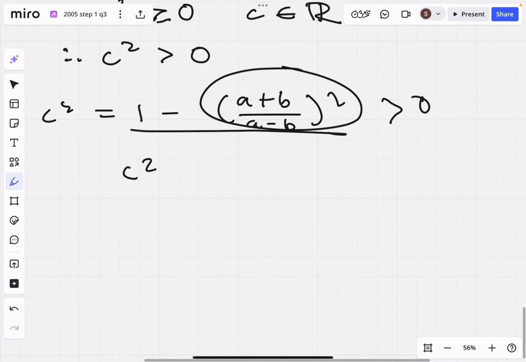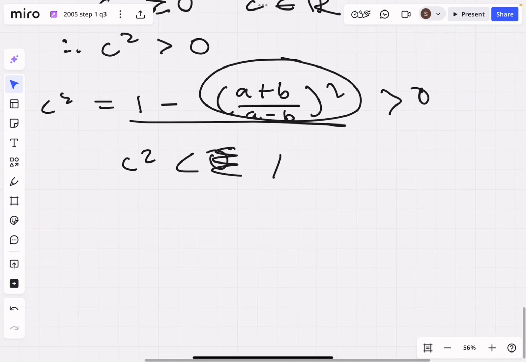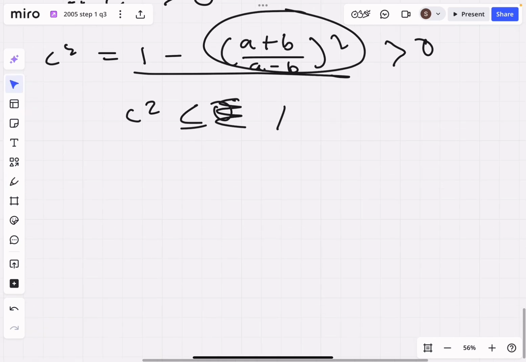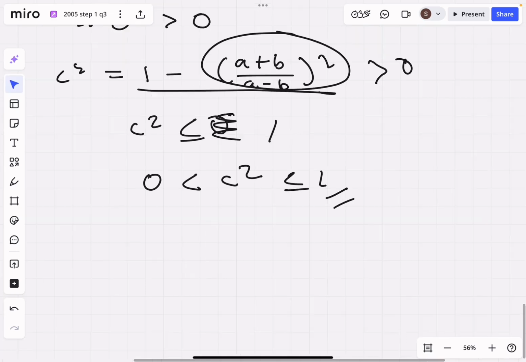So c squared is less than 1, or equal to 1 if a equals minus b. So we've proven that 0 is less than c squared is less than or equal to 1. And that is the question. Thank you for watching.